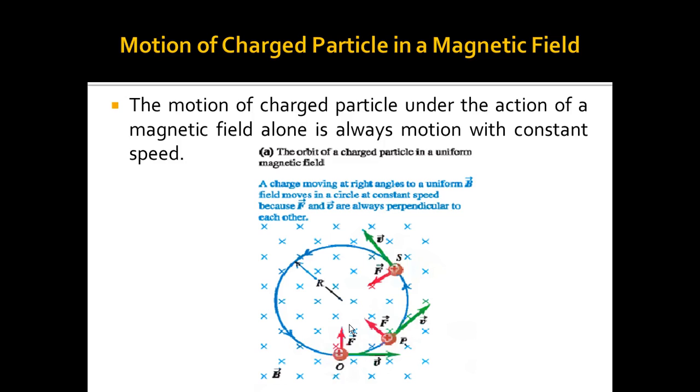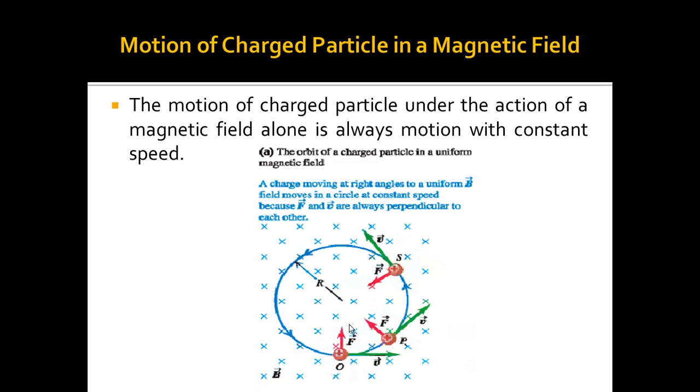Now, if we go back to our discussion on the electric field, when the electric field applies its electric force on the charged particle, it could cause the charged particle to accelerate.